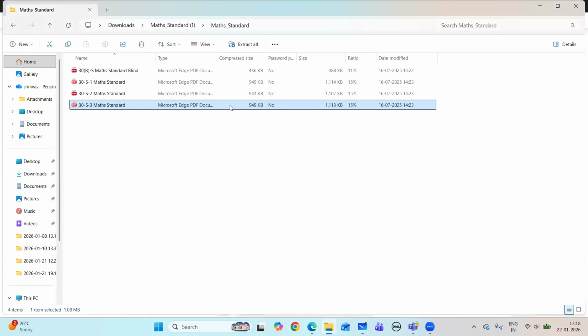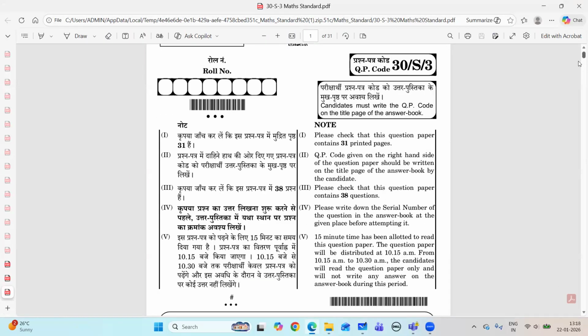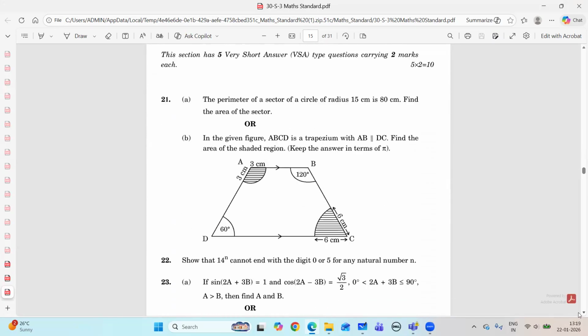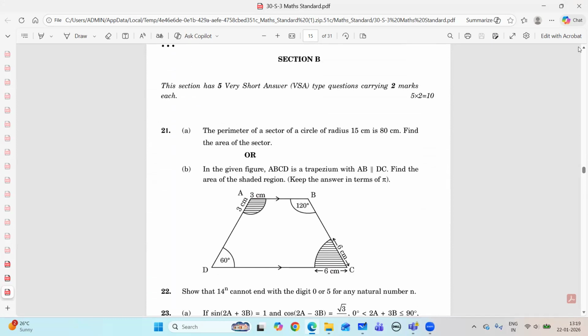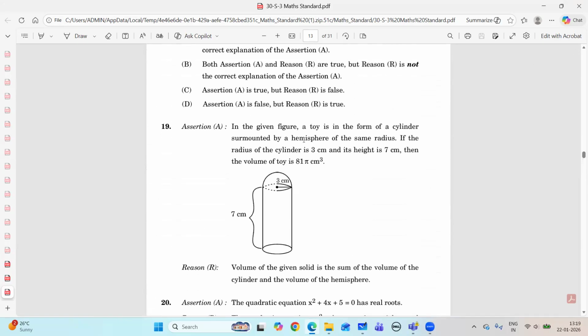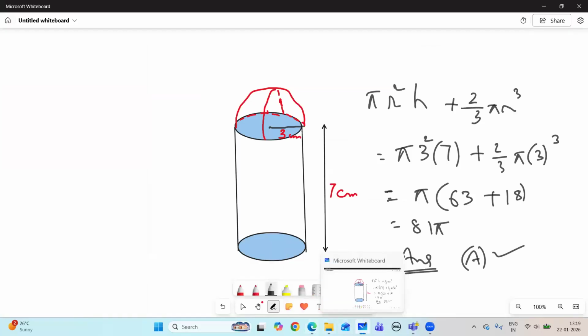It is A. Question number 19, the correct choice is A. A is the right choice. So the answer is A. Let's go to the next question.